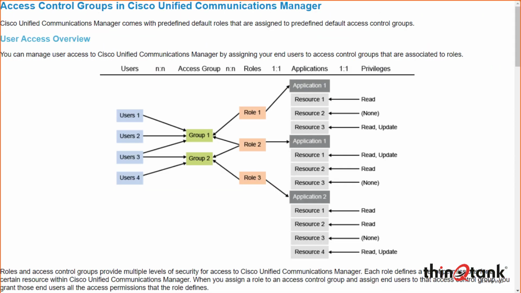Okay, now this next section that we're going to talk about can be a little bit confusing. It took me a while to figure this out on my own, but several Call Manager features require user accounts for authentication.